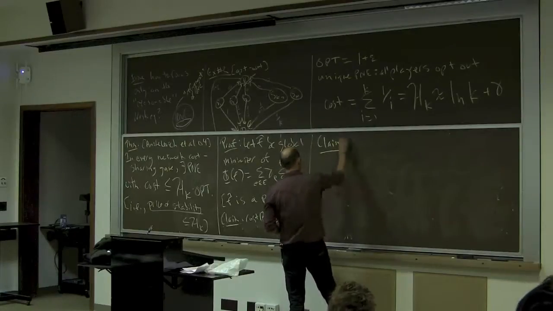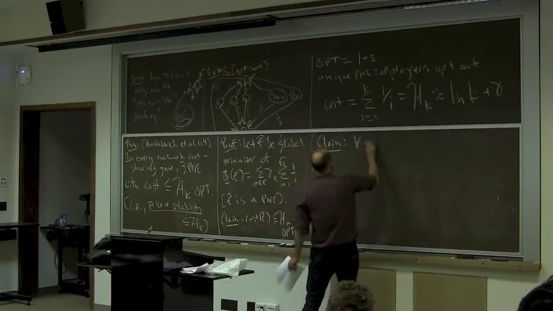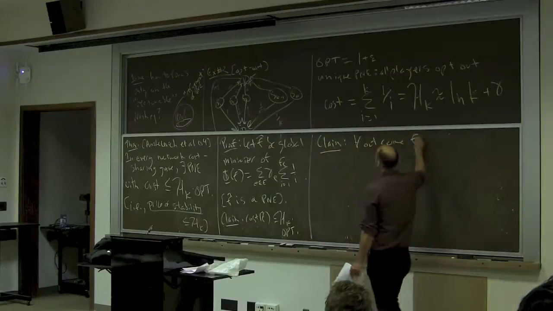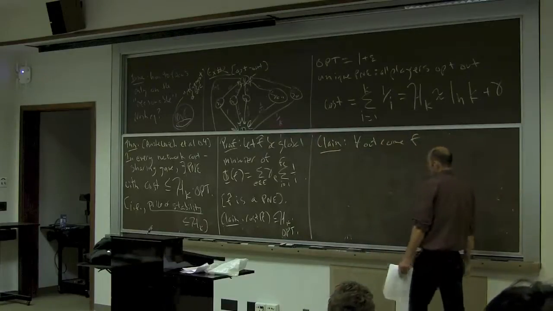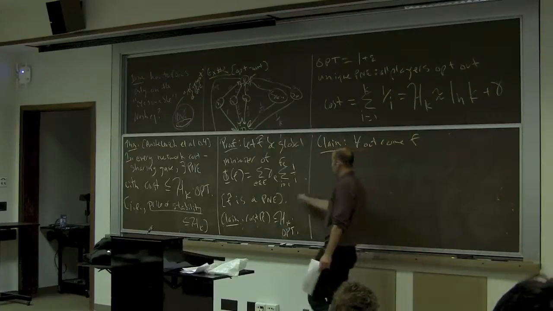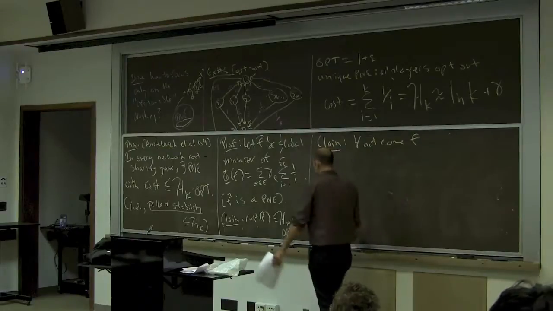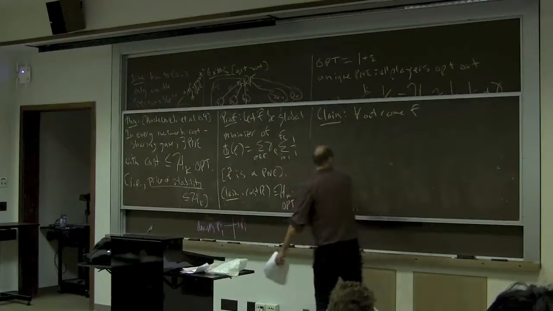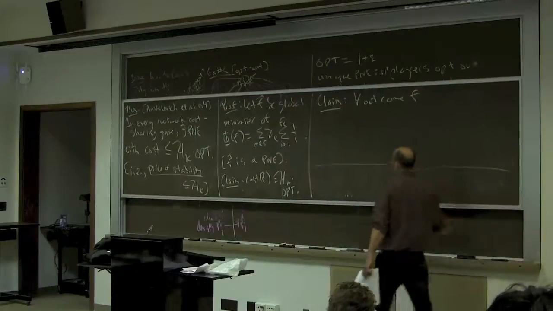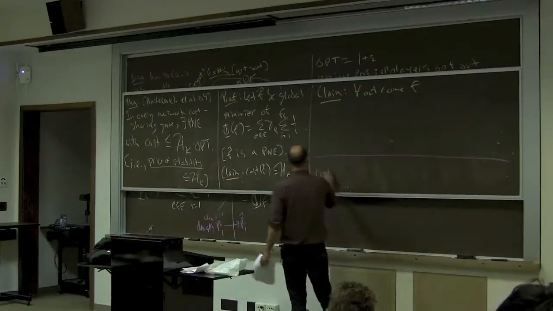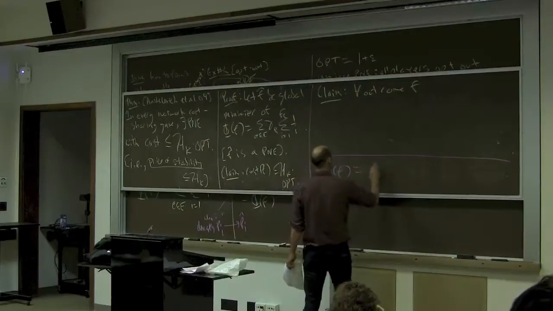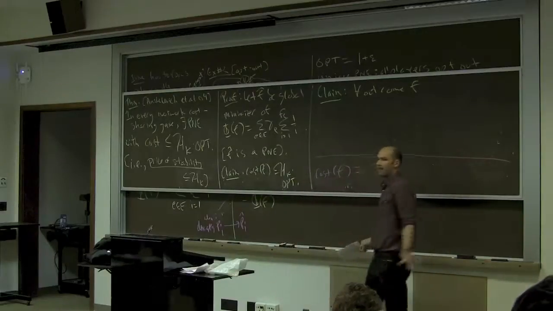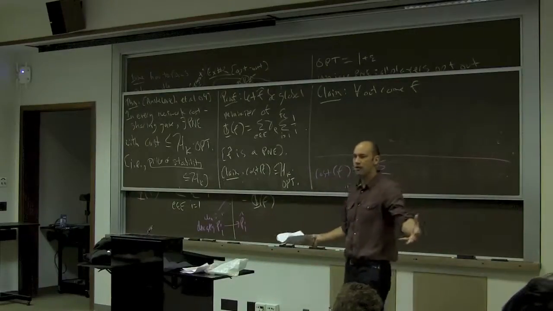Here's the related claim. What I want to do is compare the potential function to the cost that we actually care about. Let me remind you what that cost is. Remember, everybody picks their paths, and the union of those paths gets formed.